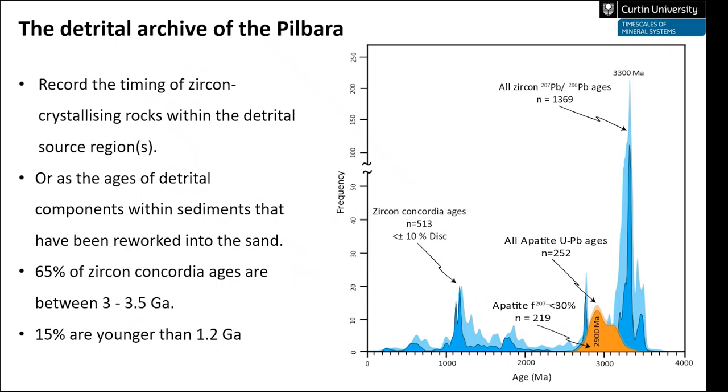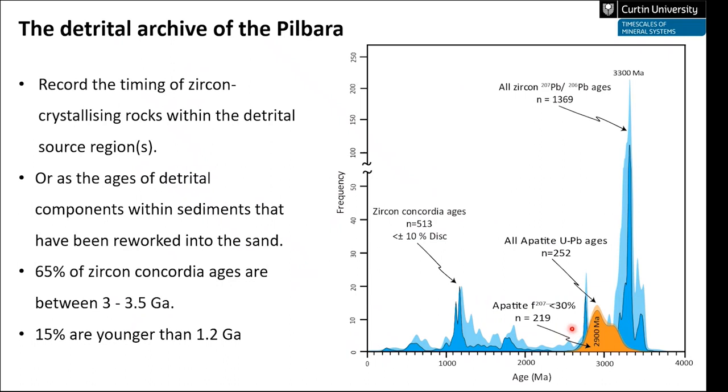So what kind of observations can we make here? Well, apatite uranium-lead ages seem to define a single age peak at approximately 2.9 Ga. And you could say that this is consistent with apatite being labile, and its proximal first cycle detritus derived from the Pilbara Craton.